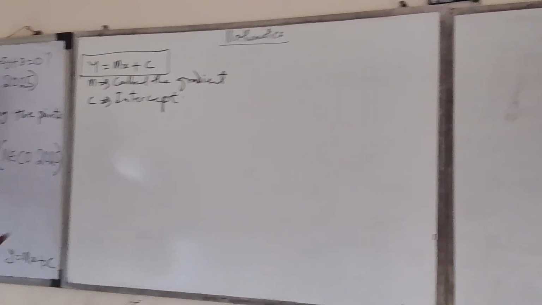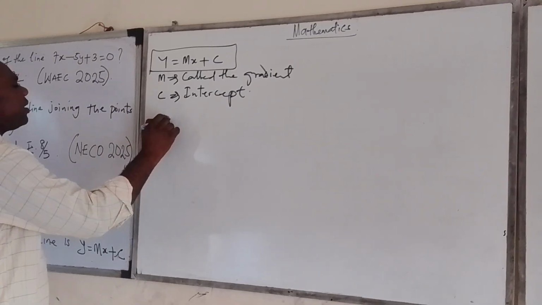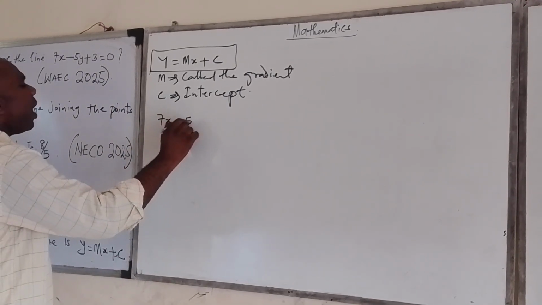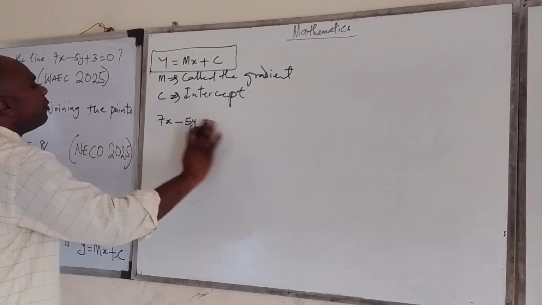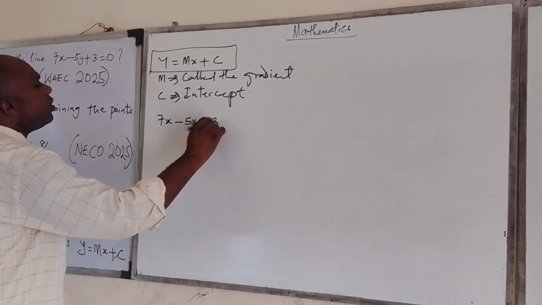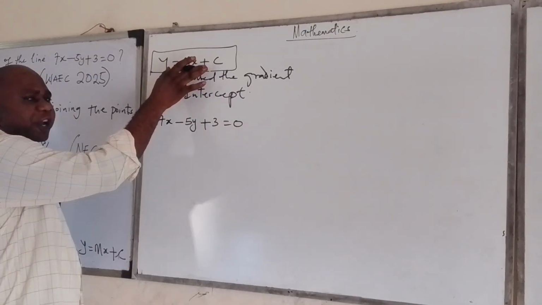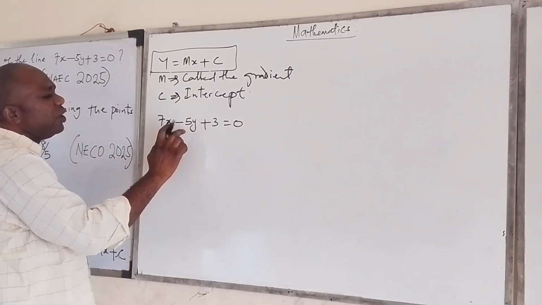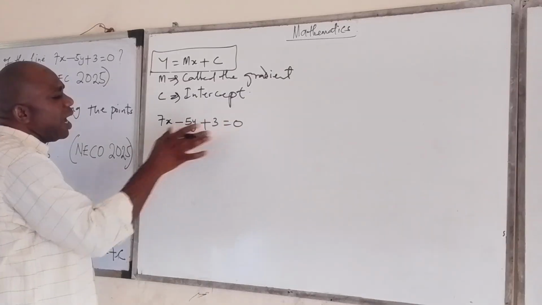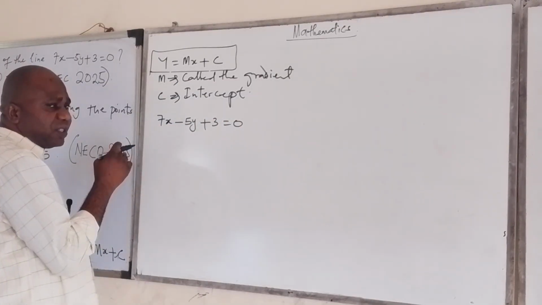Now, looking at this equation, here we have 7x minus 5y plus 3 is equal to 0. So we have to arrange it in this form. Let's take this minus 5y to the other side and leave 7x plus 3 at the left-hand side.